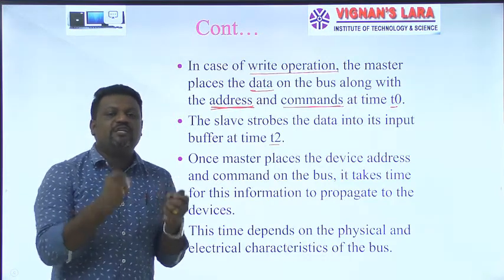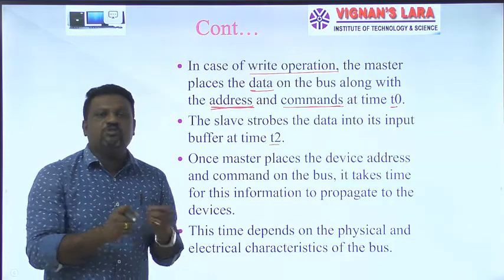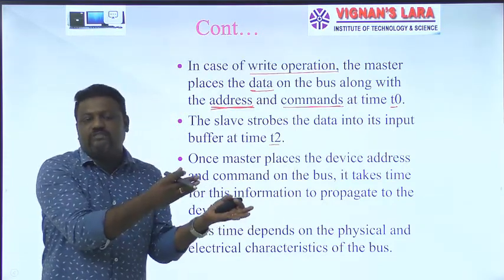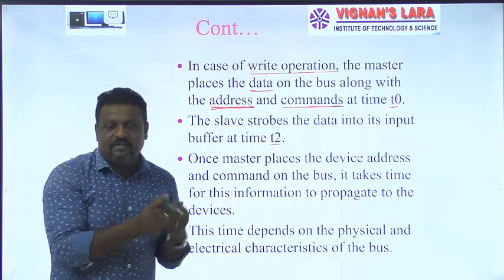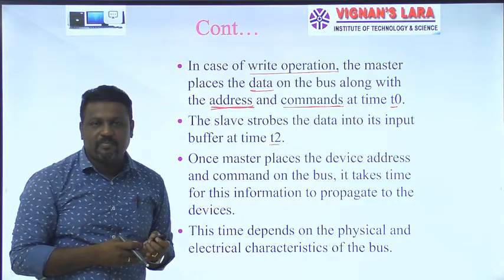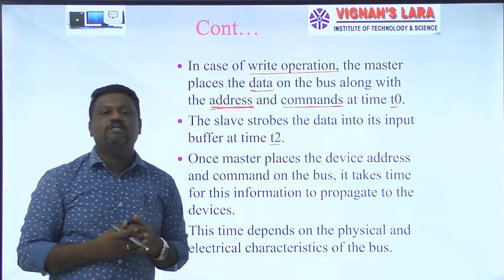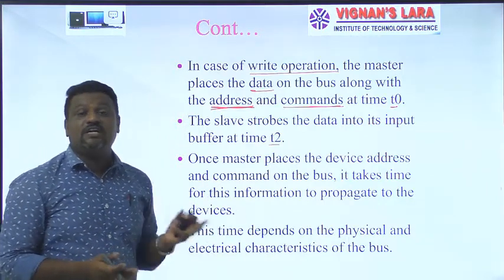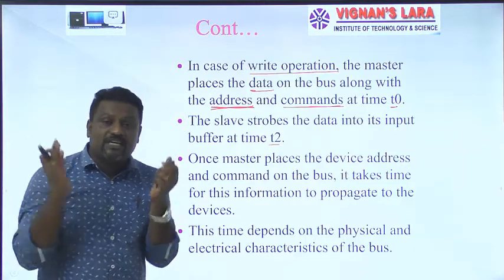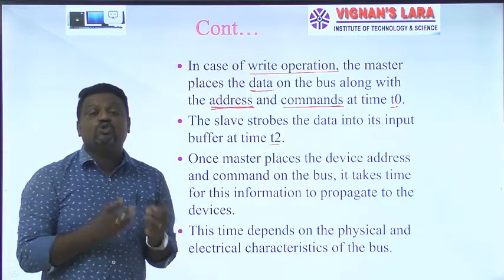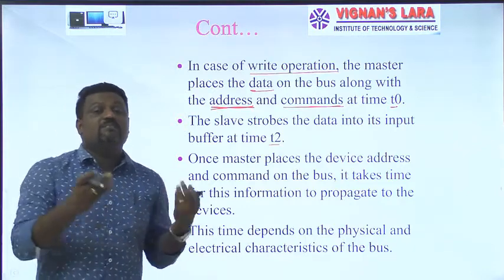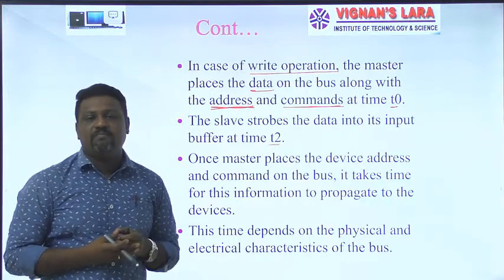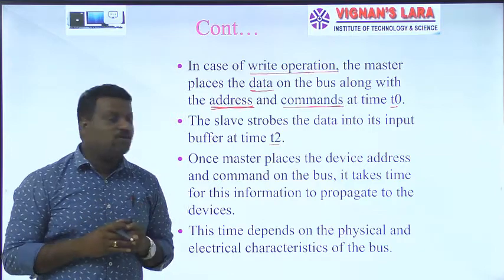Once your CPU generates an address, the generated address is transferred to the devices with the help of a bus, that is, the address bus. That address can be received by all the devices. It takes time, and once the address is received by all the devices connected to that bus, each has to decode that address. Does that address belong to me or not? For that purpose, again it takes a certain amount of time. Here it plays a vital role.